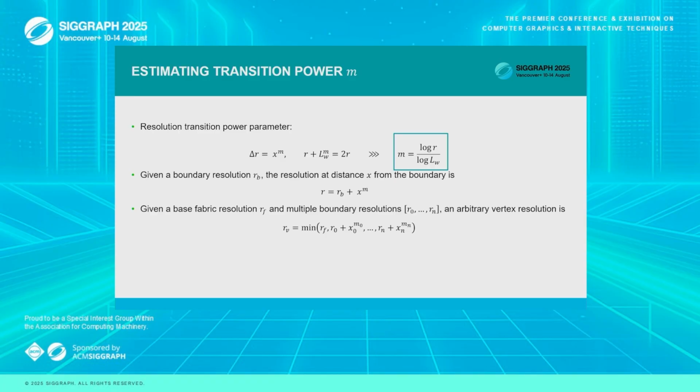This means that given a boundary resolution Rb, the resolution at a distance x from the boundary is Rb plus x over power m. When there are multiple boundaries, we take a conservative approach and use the minimum resolution value at each point to ensure accuracy.